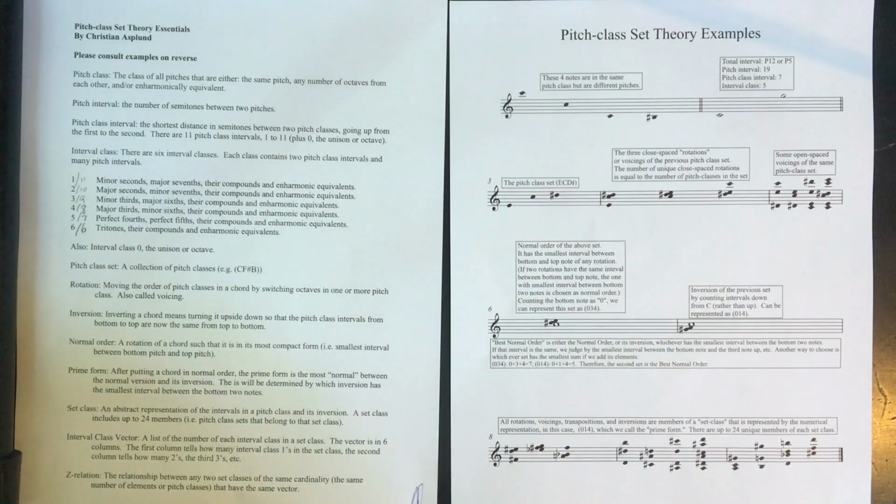Now, what we're doing right now, trying to figure out normal order, is we're creating a classification system. There's nothing aesthetic or essential about normal order. It's simply, like I said, a construct. It's a way of abstracting a collection of pitch class sets.